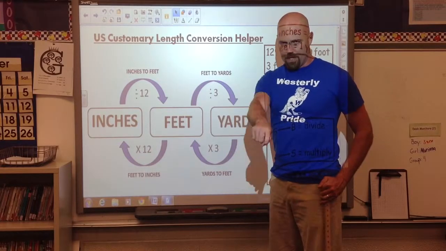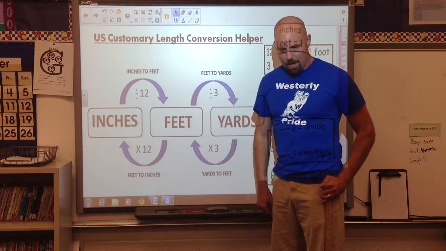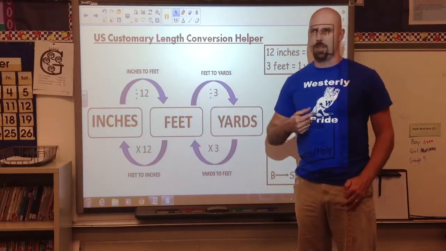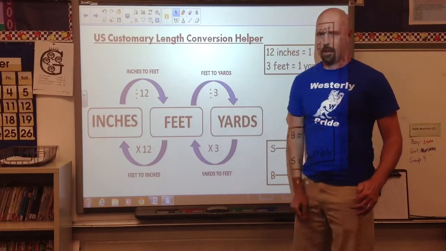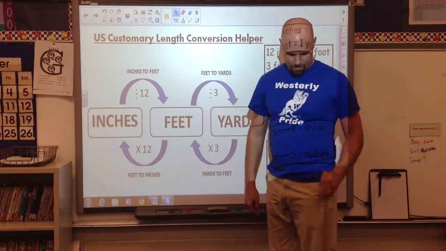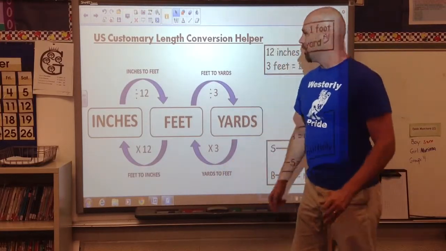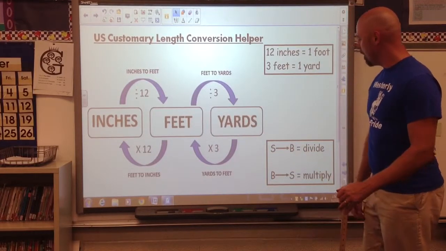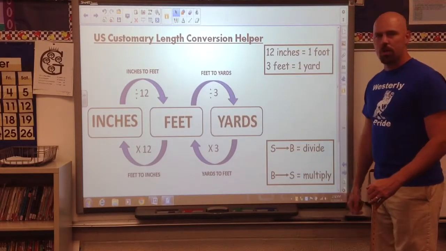So if they just point at my skinny legs, they know my leg is about a yard. So we've got 3 references to use so we can kind of gauge those things. Here's my inch, here's my foot, here's my yard. So this is our customary length conversion chart helper. Hope it helps out. And some of the things that the students should know to go along with that.